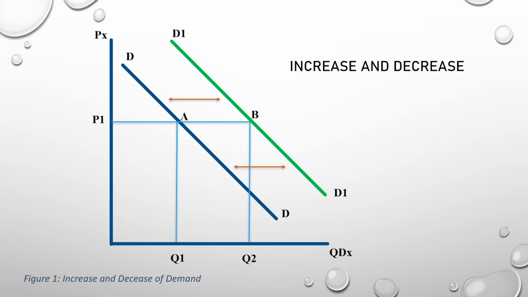A leftward or an inward shift of the demand curve is indicative of a decrease in demand caused by a fall in income, expectation of future price fall, fall in the price of substitutes, rise in the price of complements, and changing consumer preference.